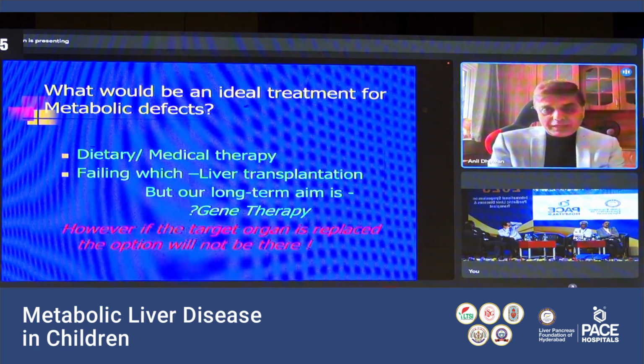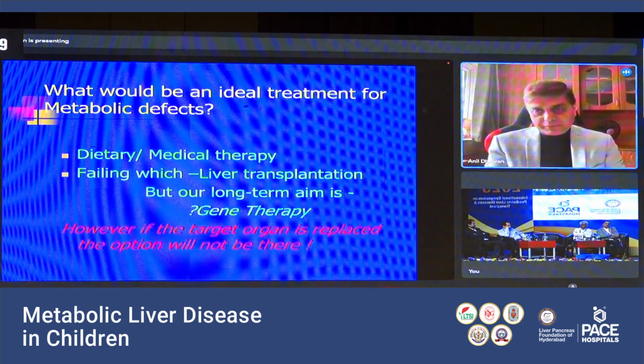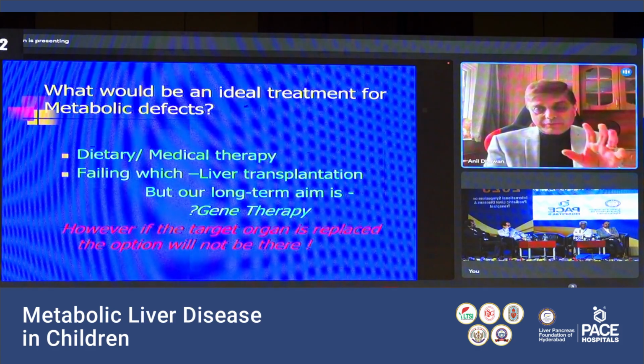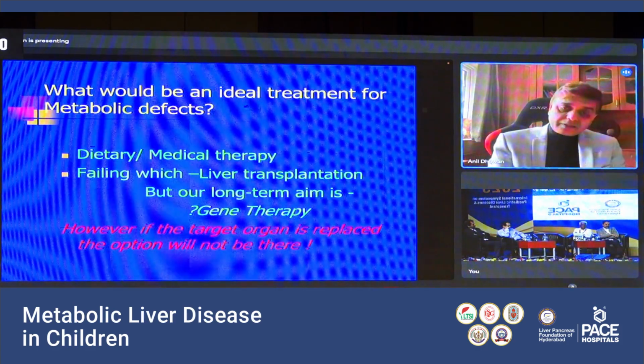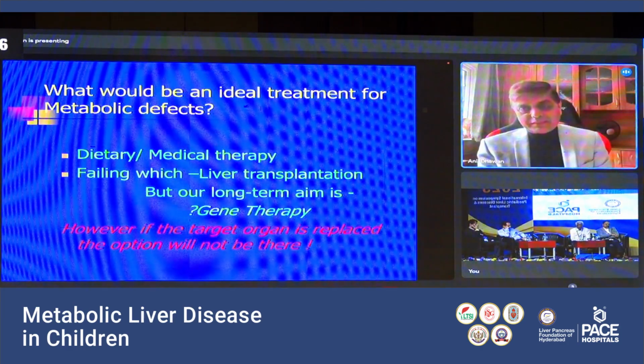So if you have a liver-based defect, and that disease may one day be treated by gene therapy, for example Crigler-Najjar syndrome, and then you take the whole liver away, then that patient will not have a target organ left for gene therapy. So this is a difference when you're practicing as a pediatrician versus an adult physician.